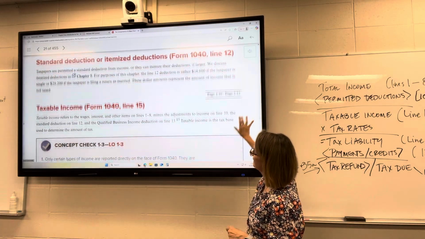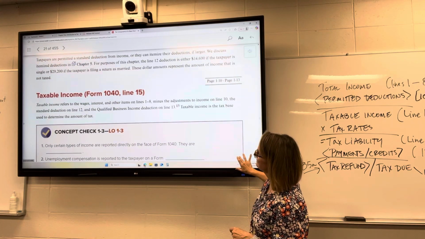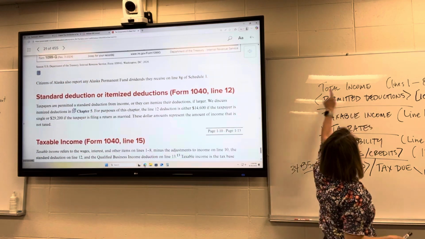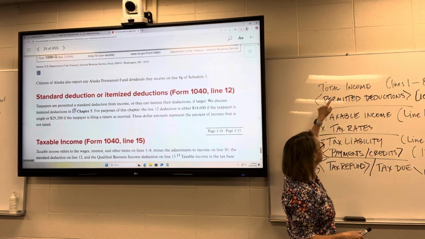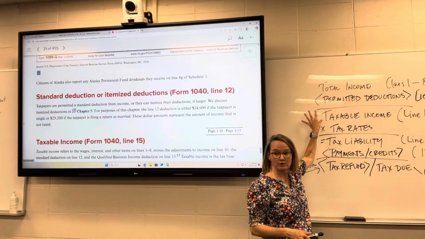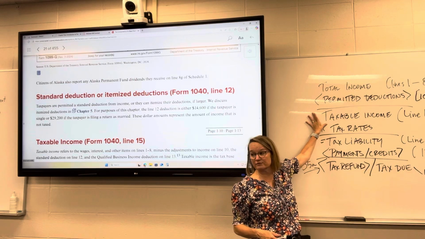We talked about the standard deduction. And then our taxable income. So, like I said, getting to this is a big part of the work.